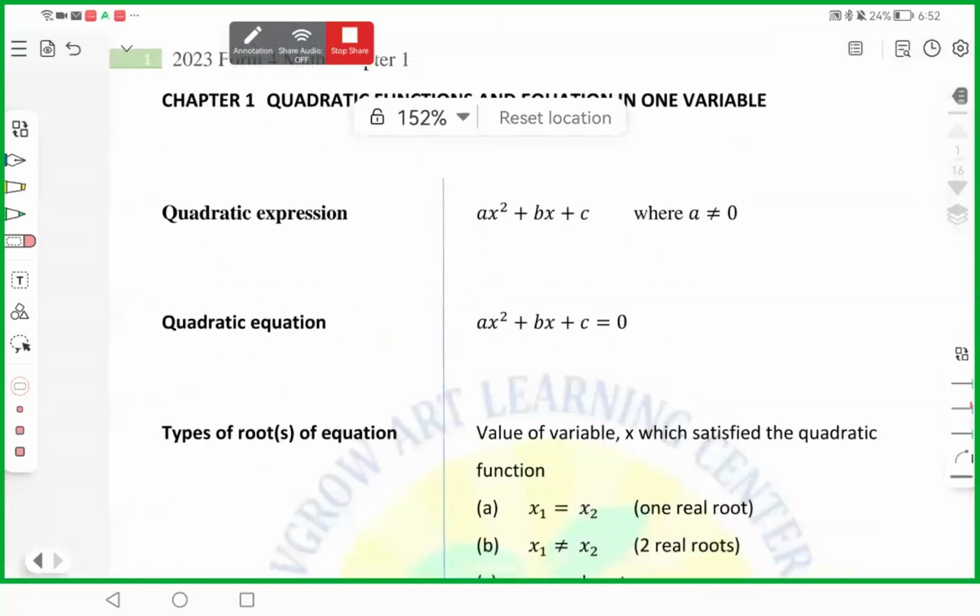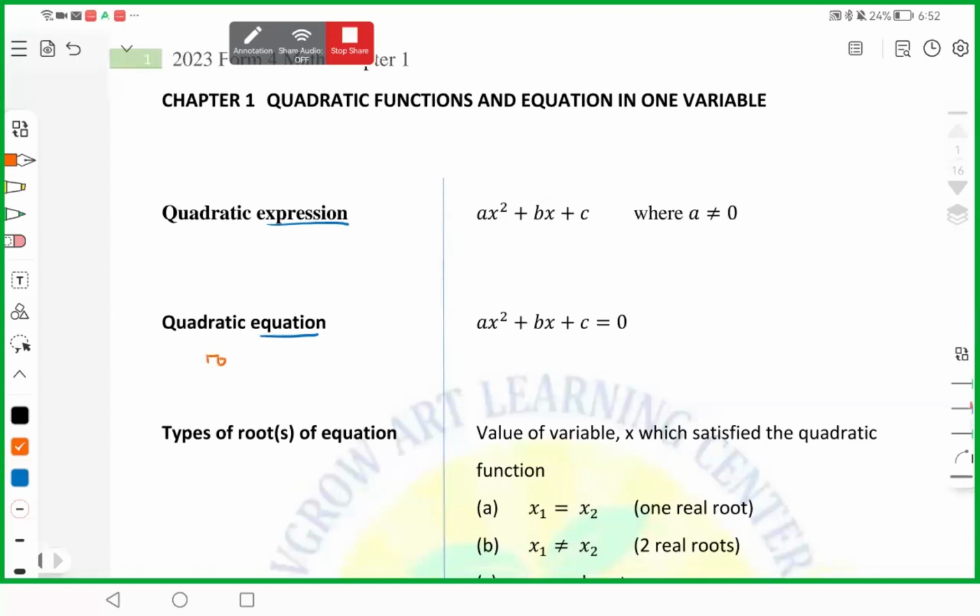We have identified what a quadratic expression is: an expression has no equal sign, an equation has an equal sign. If we have a quadratic equation, we can find the value of x, which we call the roots of the quadratic equation.